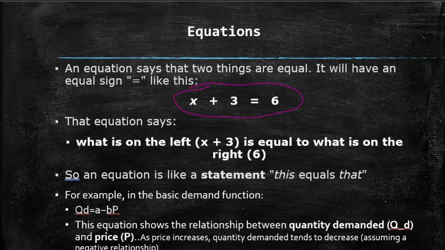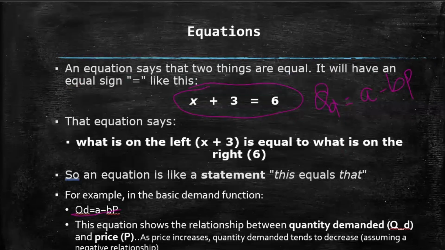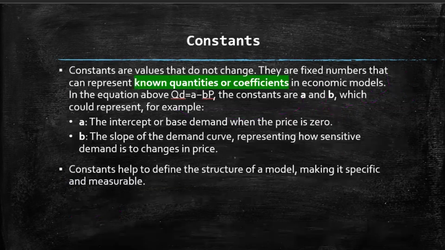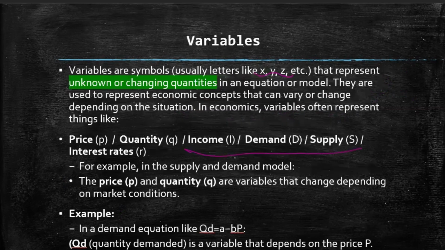Similarly, in our demand function, we write quantity demanded is equal to A minus BP. Here P, the price, is the variable. Quantity demanded is a variable. A and B will be the constants. The constant is that which doesn't change, and the variable that we are studying is of changing nature.